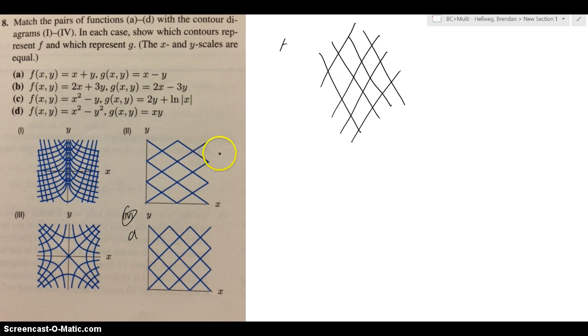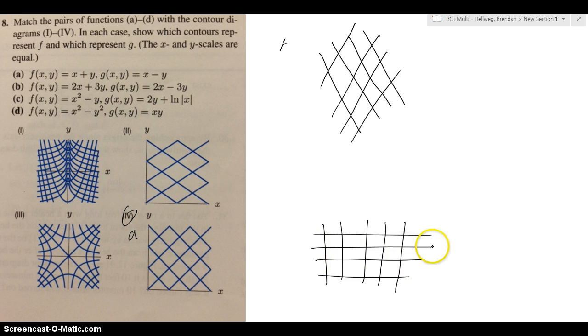Now, when we have to distinguish between F and G in the graphs, I'm going to say that since the value is going to be increasing as x increases, there's going to be something along the lines of this with respect to x, and there's going to be something along the lines of this with respect to y.